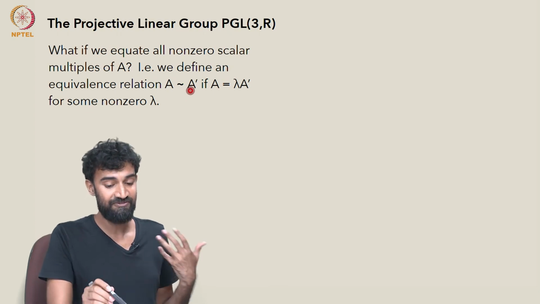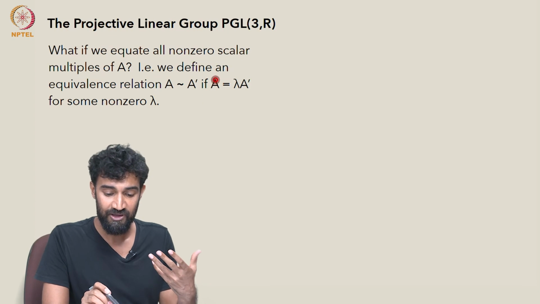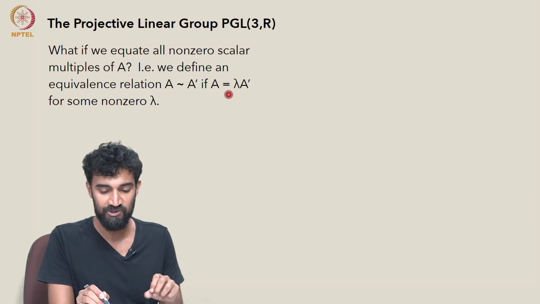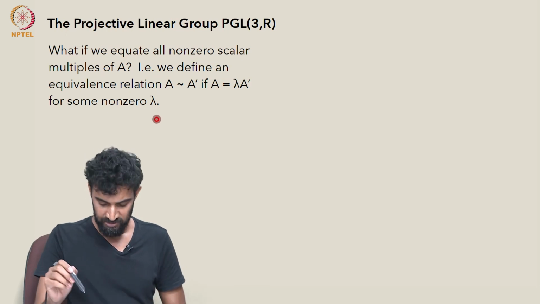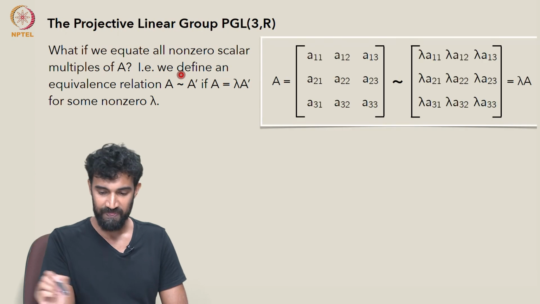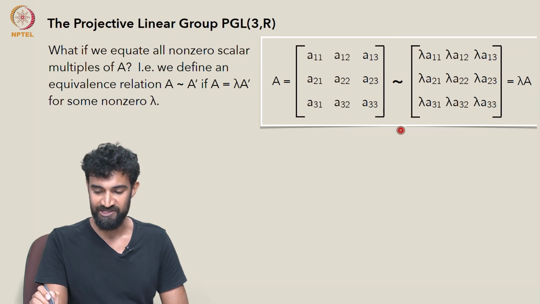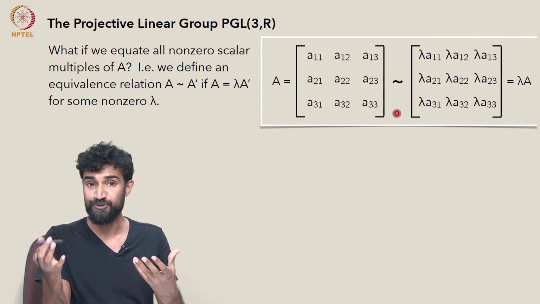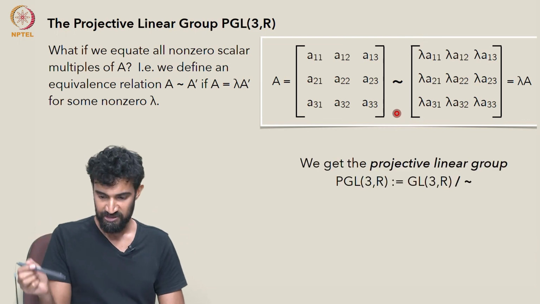In other words, we can define an equivalence relation, A tilde A prime, to mean that A is equal to lambda A prime for some non-zero lambda. We're literally equating all non-zero scalar multiples of A. So this is A, this is lambda A. We'll call these two matrices equivalent, and any two matrices that differ by a scalar multiple, we'll call equivalent.